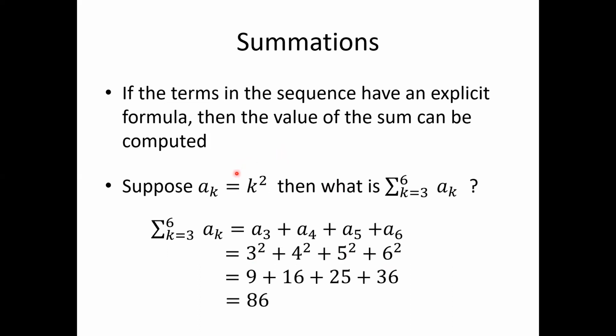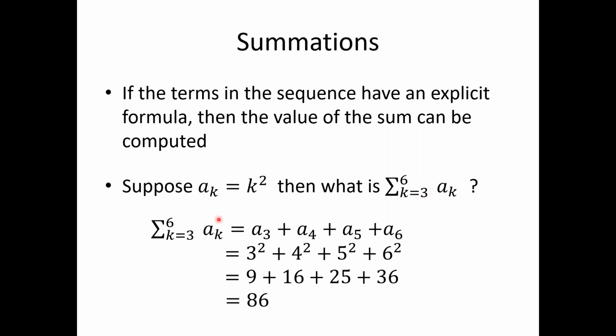So suppose that I have a closed formula for a sequence. For example, I have a quadratic sequence like this: the kth element in the sequence is k squared. And then I say, okay, what is the summation over the terms of the sequence from third to sixth?